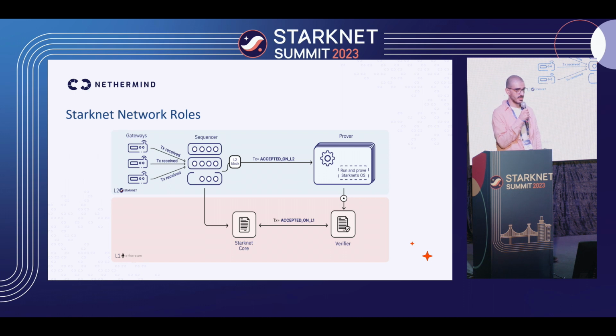Currently, the L1 contract is locked down in a way that it only allows Starkware to submit proofs. But as the network gets decentralized, the centralized prover will be replaced with a prover's market, where essentially everyone can compete to provide proving services to the entire network.